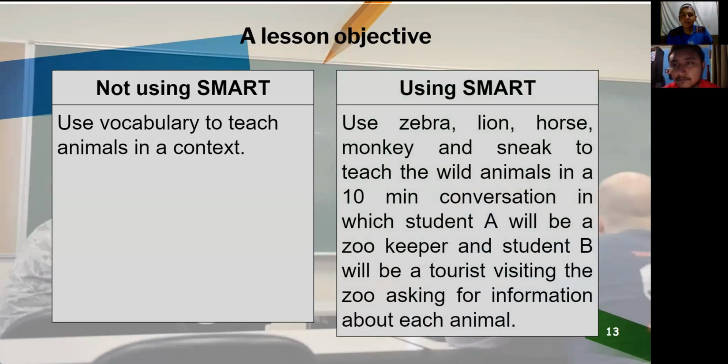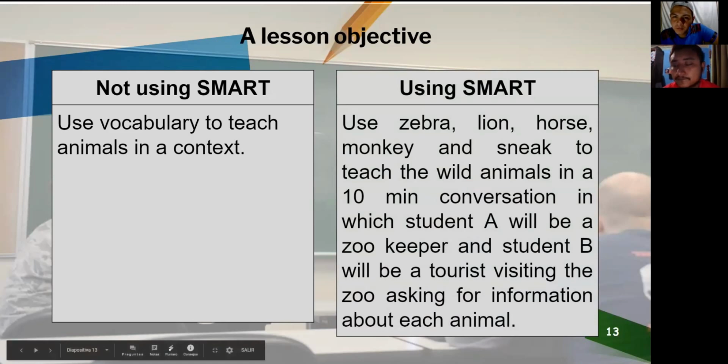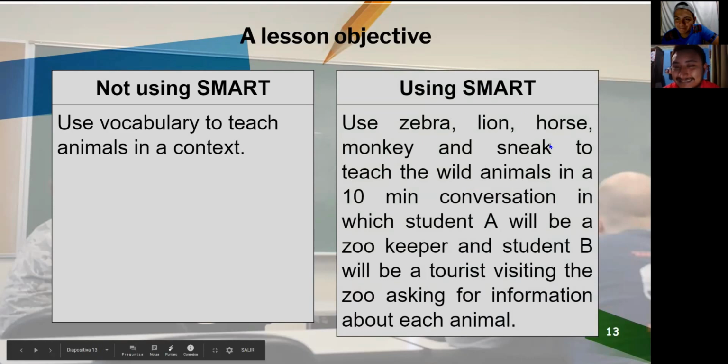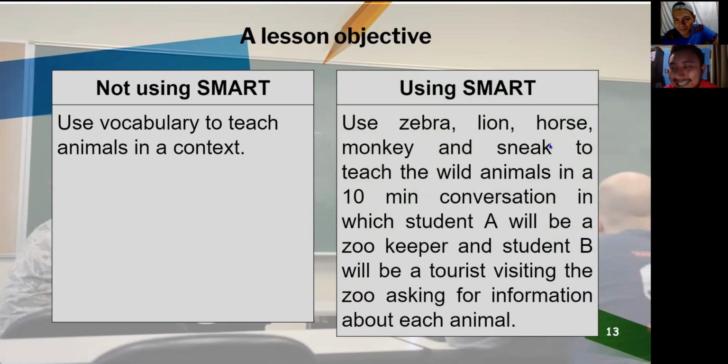So using SMART, the objective will be: use zebra, lion, horse, monkey, and snake to teach the wild animals in a 10-minute conversation in which student A will be a zookeeper, and student B will be a tourist visiting the zoo asking for information about each animal.